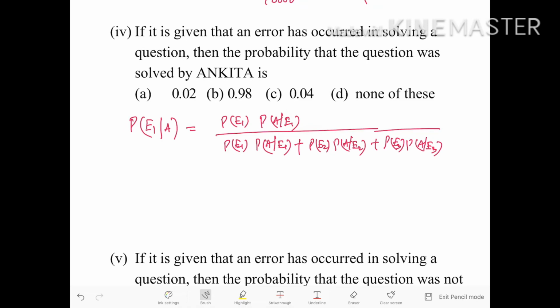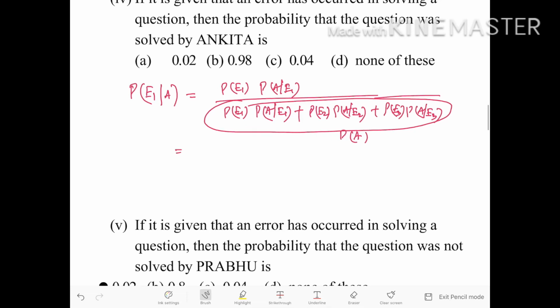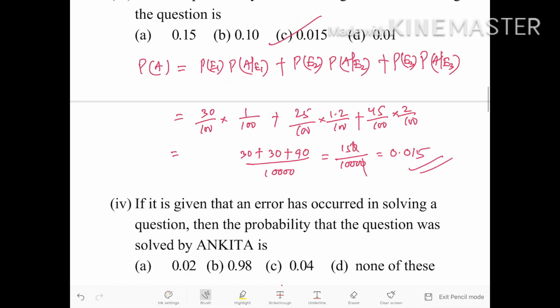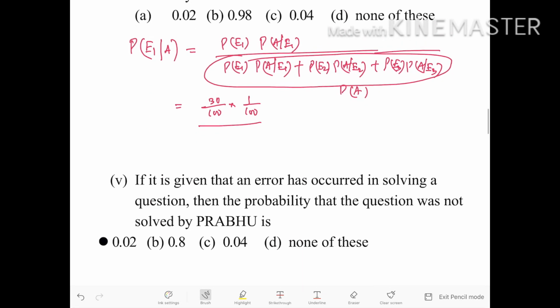As we know, this is nothing but probability of A. That means I can simply write probability of E1 is given, it is 30 by 100. Probability of A condition to E1 is given 1 by 100 and this is divided by probability of A. Probability of A already we have calculated, it is 0.015.